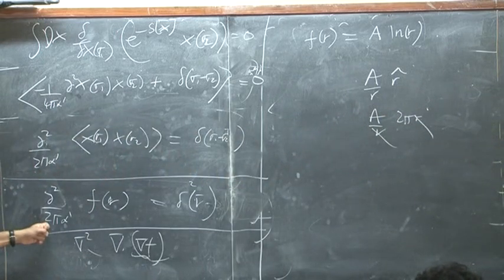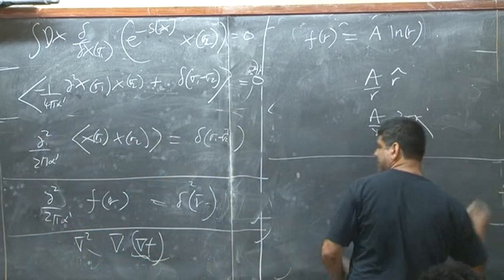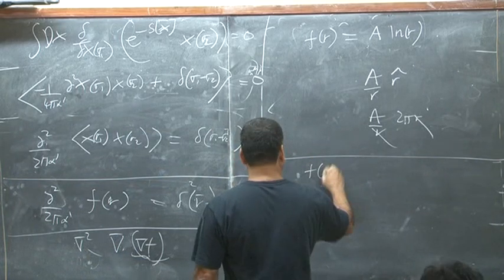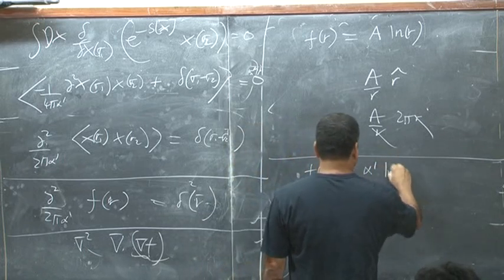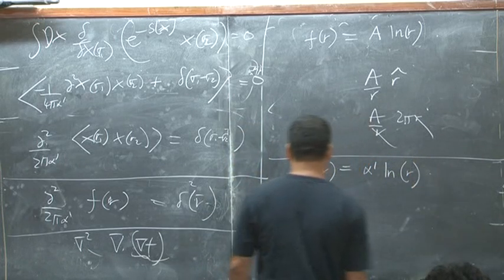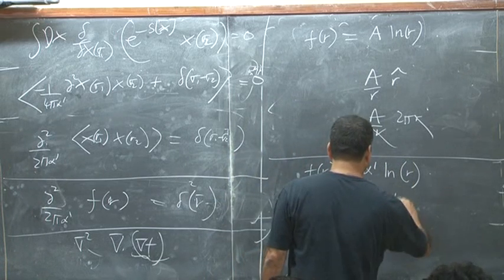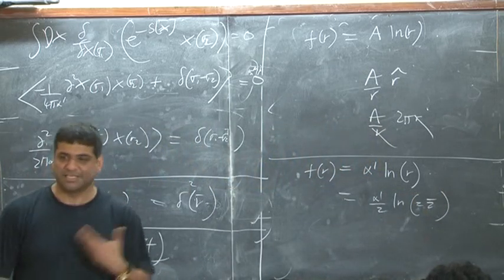We wanted flux 2 pi alpha prime. And so we get the equation that f of r is equal to alpha prime log r, which is equal to alpha prime by 2 log of z z bar, where z z bar is r square.